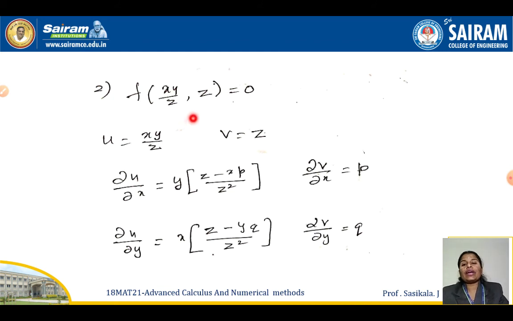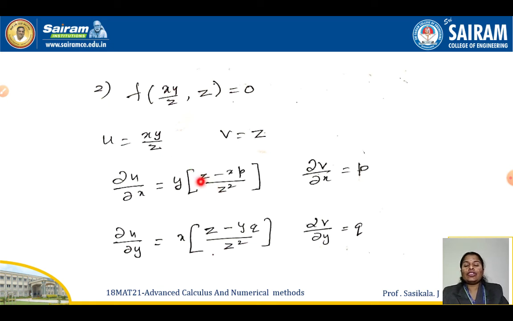F of (x y, z) is equal to 0. Here u is xy, v is z. So take it as the Jacobian method. I should know dou u by dou x and dou u by dou y, and similarly v with respect to x and y I should find. With respect to x, y is a constant. So x by z, you have to use the u by v method, right?